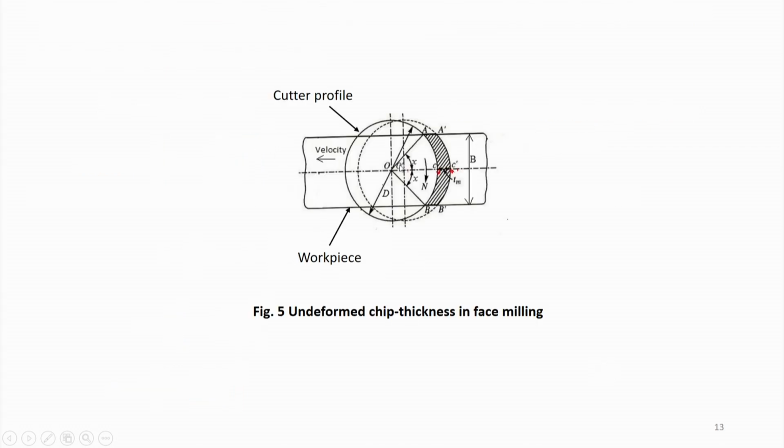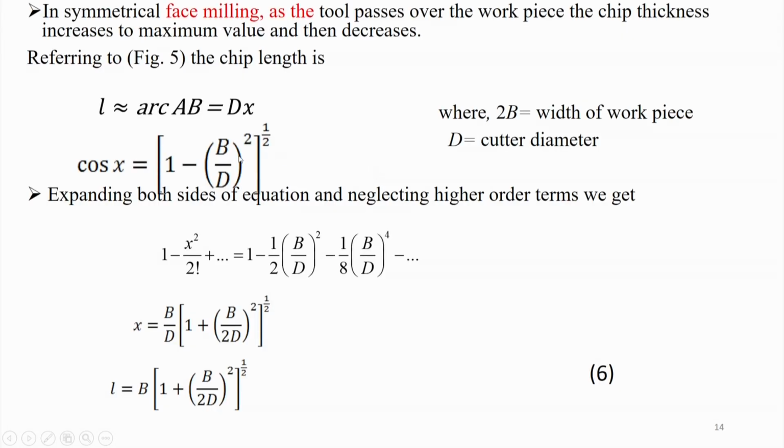Then cos x can be written as (1 minus (b by d) square) to the power 1 by 2. Expanding both sides of the equation and neglecting higher order terms, we get 1 minus x square by 2. Ultimately we get the expression for x as b by d (1 plus b by 2d square), and L is equal to b (1 plus b by 2d square). So this is the length of the chip.